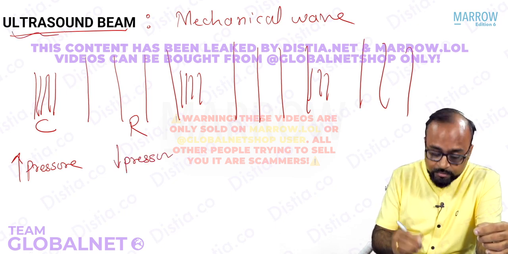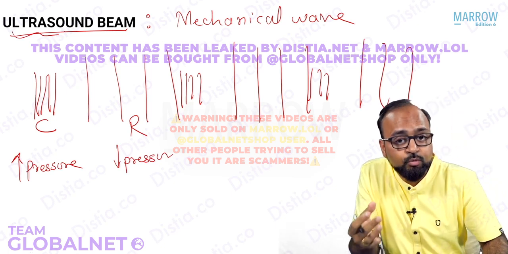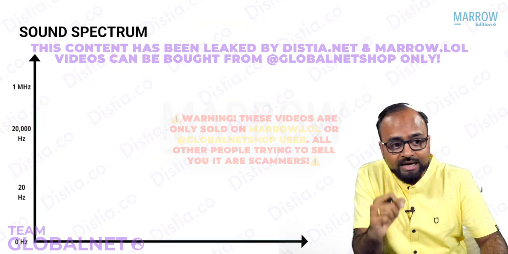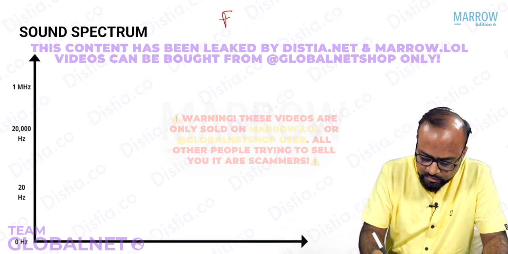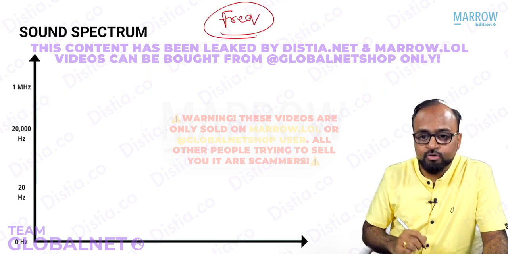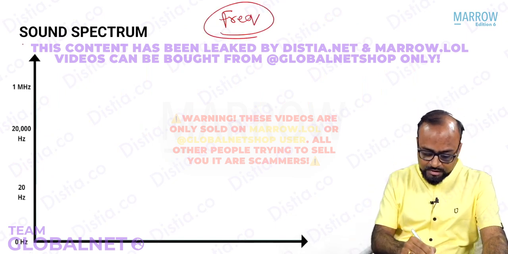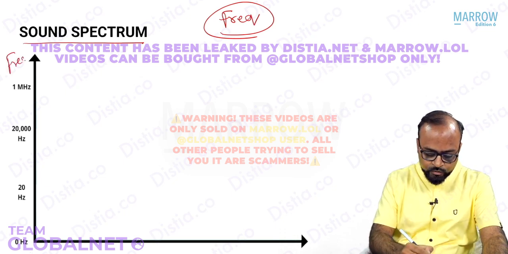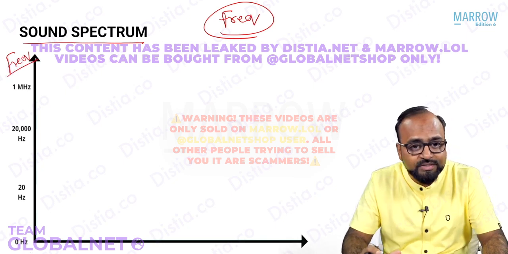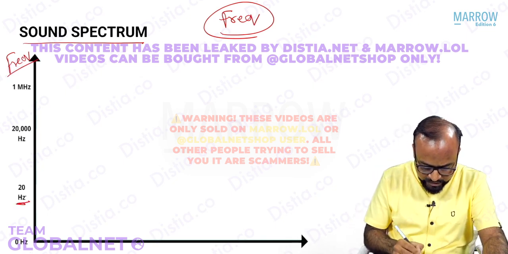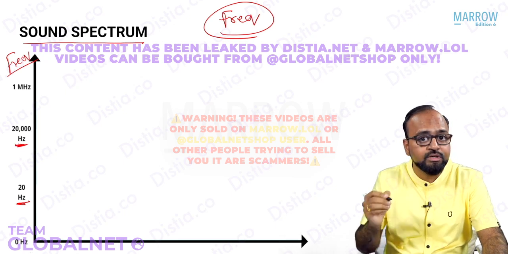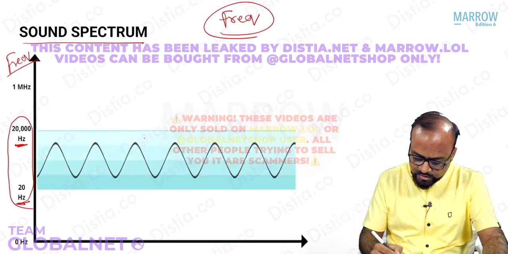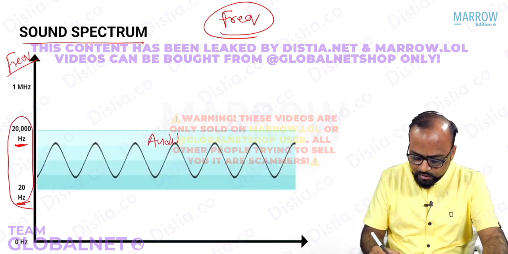Now, what is a sound beam that we can listen to, and what is ultrasound and what is infrasonic? This all depends on one property of that particular wave, and that property is the frequency. A few frequencies I want you to know. In the sound spectrum, I have plotted the frequencies here on the y-axis. Just remember a frequency range of 20 Hertz to 20,000 Hertz is the audible range of sound.